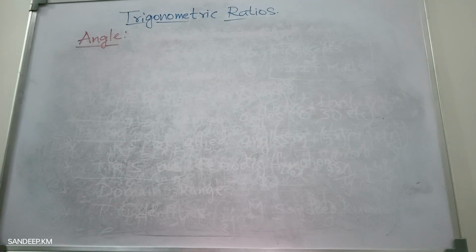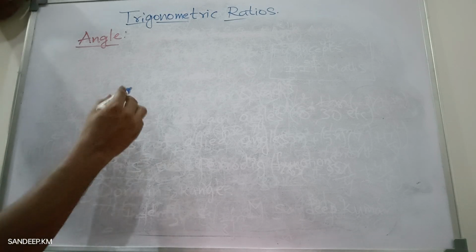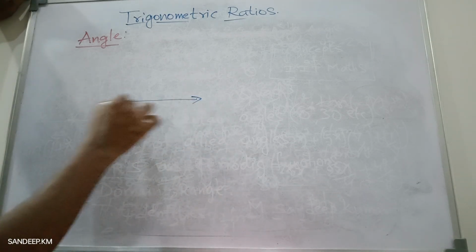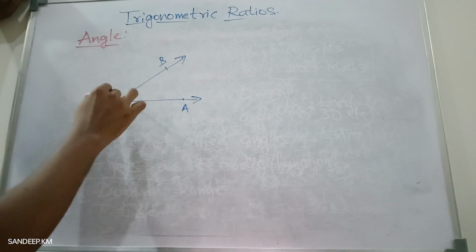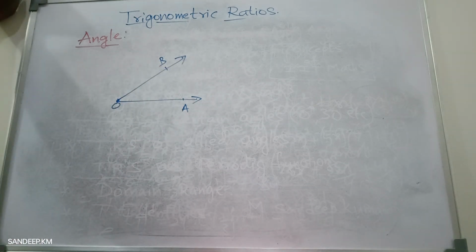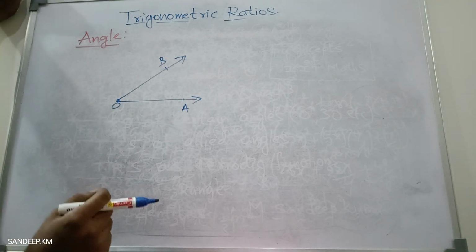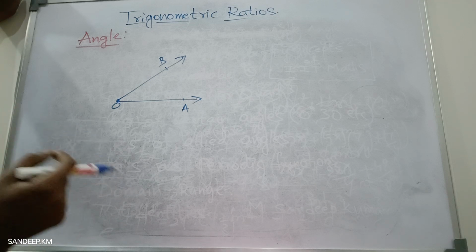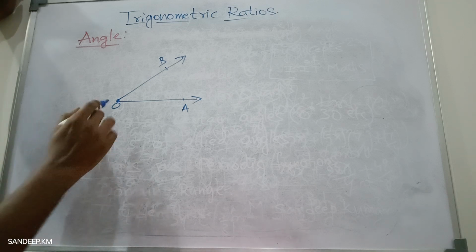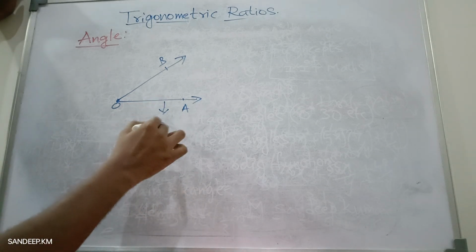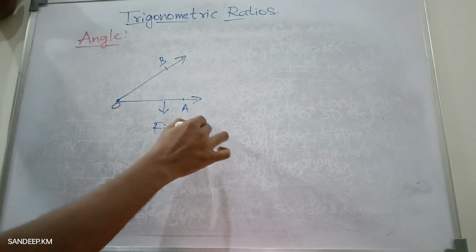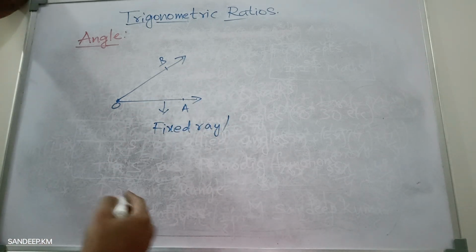First, let us see what is the definition of an angle. Let me consider two rays OA and OB with a common vertex called O. I mean, for both the rays, the initial point is O. OA is called the fixed ray, or you can also call it the initial ray.